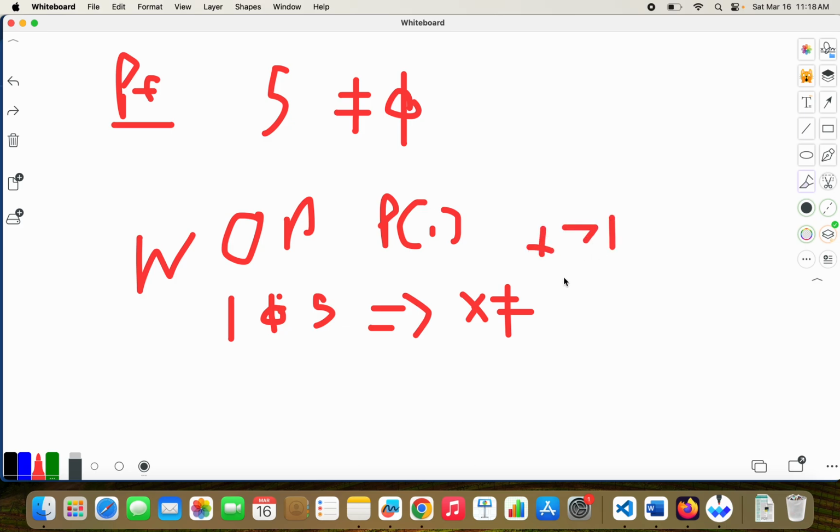Since X is the least element of S, and X minus 1 is less than X, then X minus 1 is not in S. Obviously. By definition of S, P of X minus 1 is true.